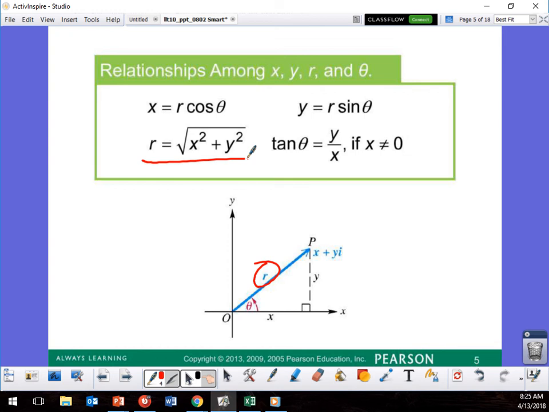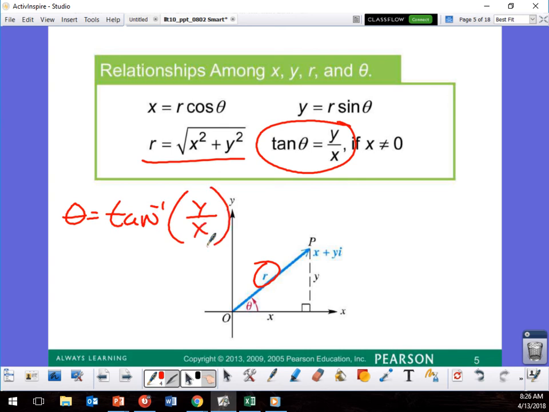To do this right here, what would I do to try to get my tan by itself? How do I get that angle? Inverse. So basically theta is equal to inverse tan of y over x. So if you have this in your notes, it's going to be very helpful because I'm going to ask you this again later.